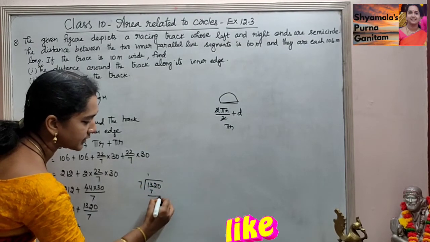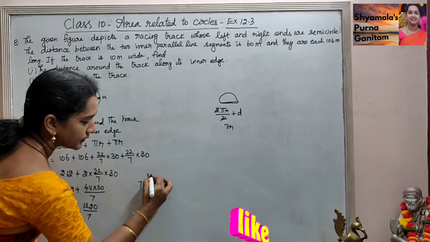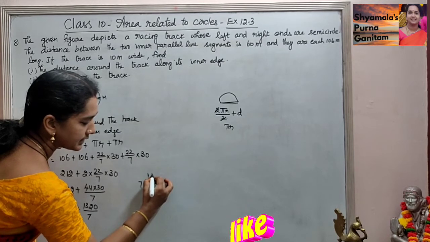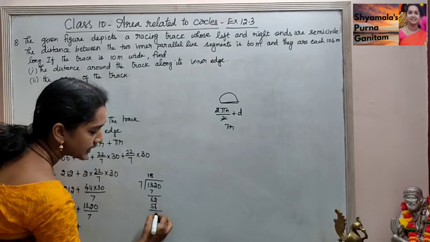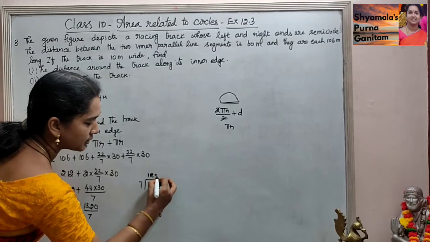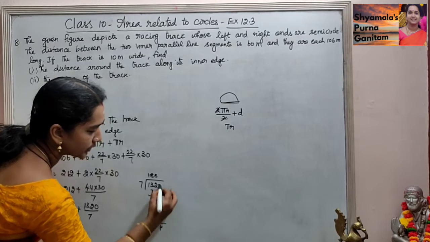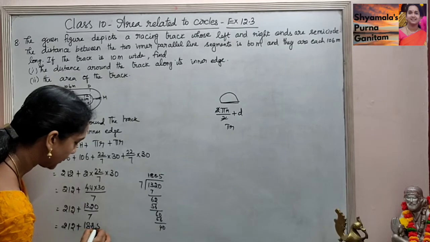Now dividing 1320 by 7: 7 ones are 7, 8 sevens are 56, 9 sevens are 63. 8 sevens are 56, remaining 60, again one more 8 will come, that is also 56, and 4 remains. So we get 188.5.